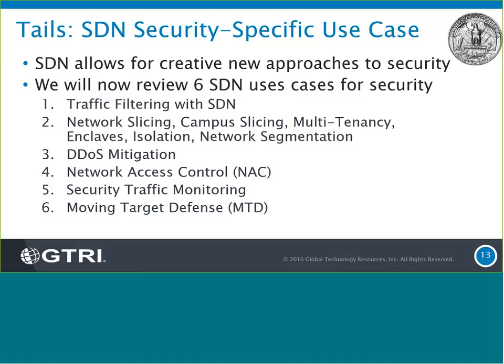So these are just some ideas that might get your mind turning, and we'll go through some examples of implementations of each one of these to show you that these are something that could be implemented potentially in your environment. But hopefully this stimulates your creativity and you think about these things and think of some innovative and creative things you could do with SDN to make your enterprise more secure.